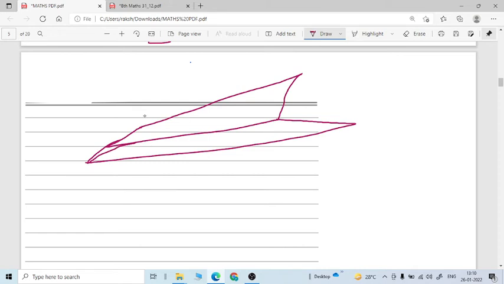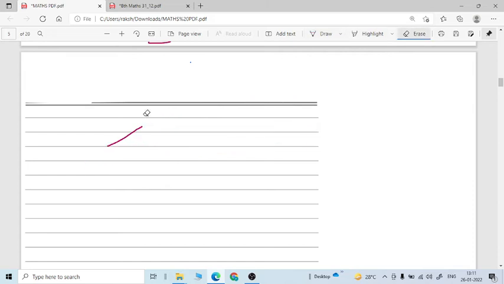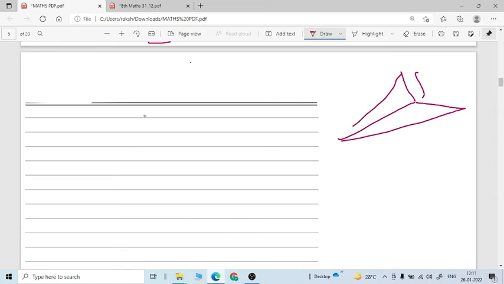Okay, don't go by the diagram, it might not be clear, but it's forming a triangle. Let me do it clearly here. Yes, this is the correct one.